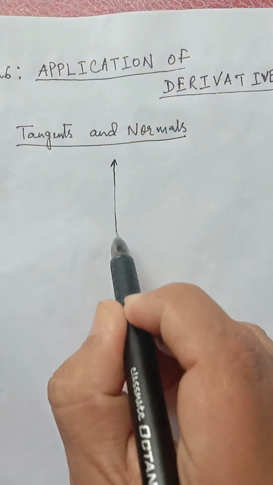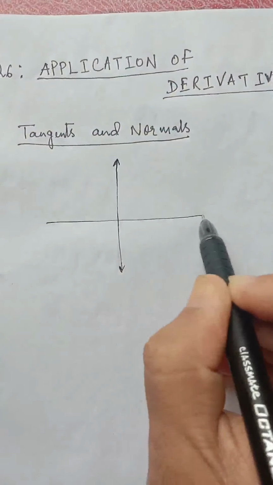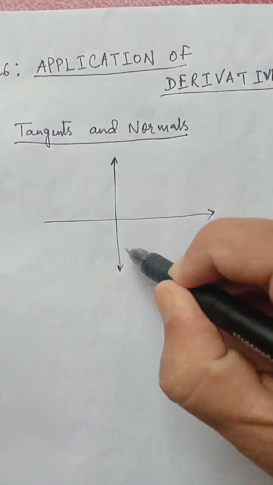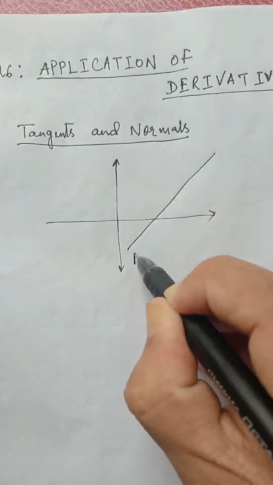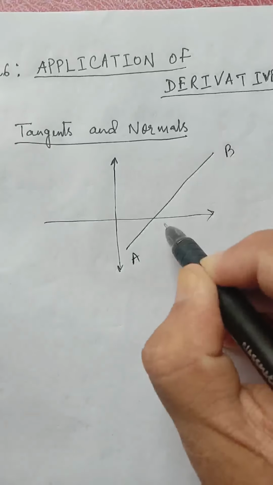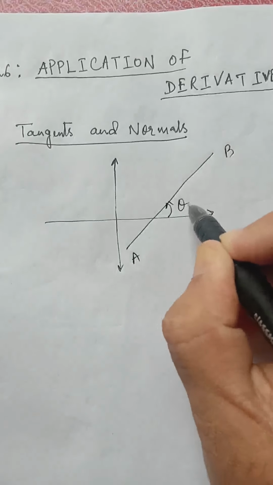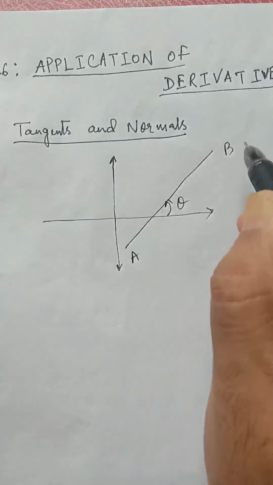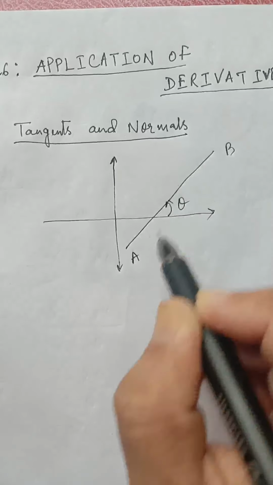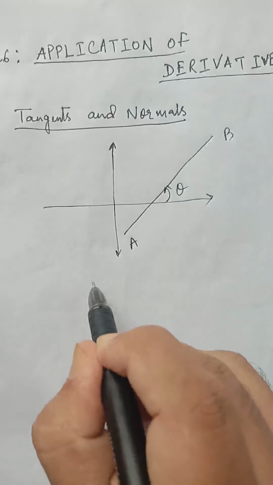Suppose the straight line AB makes an angle theta with the positive direction of x-axis.